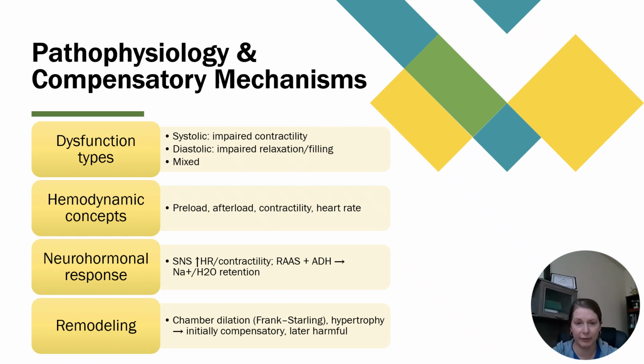What I want you to get from this is that with chamber dilation, as our heart starts to remodel, trying to compensate, we can compensate well at first, but it's later going to lead to failure down the road. Our compensation helps up front, but our increased oxygen demand is going to worsen our heart failure.